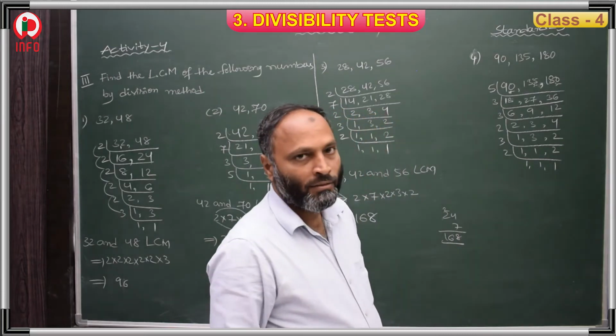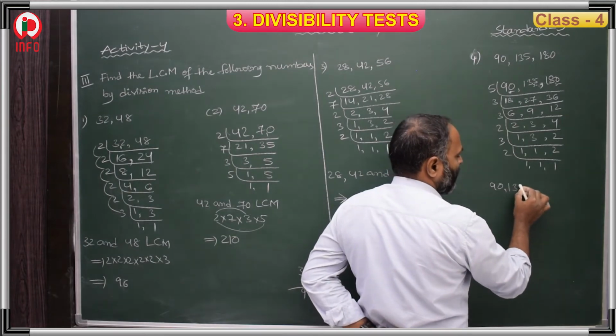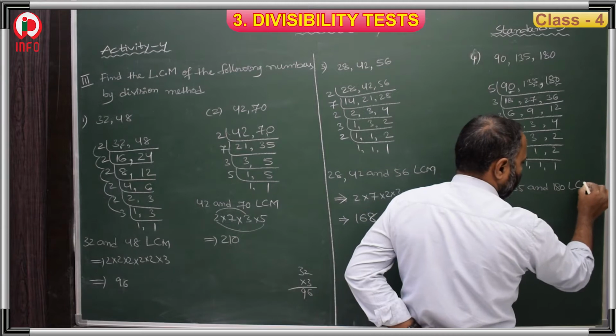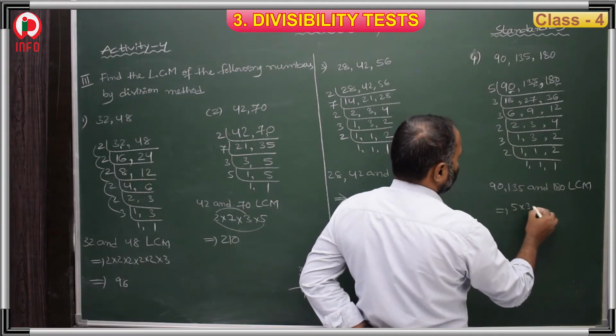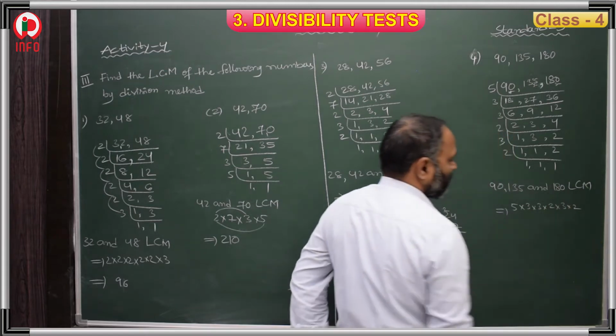Then the LCM of 90, 135 and 180 is equal to 5 into 3 into 3 into 2 into 3 into 2.